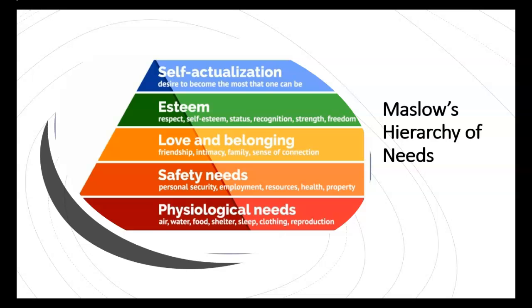Please remember here that our NASW Social Work Code of Ethics identifies the importance and focus on relationships. And so this priority needs identifies or highlights that standard of practice and value for the social work profession. Esteem, the next priority, priority four, would be respect, self-esteem, status, recognition, strength, and freedom.